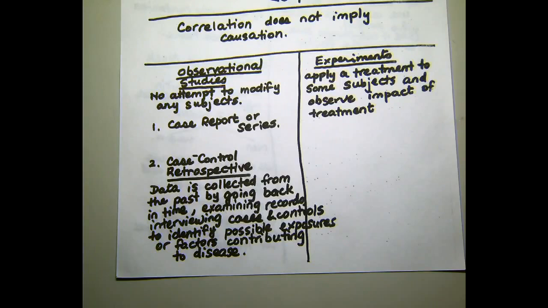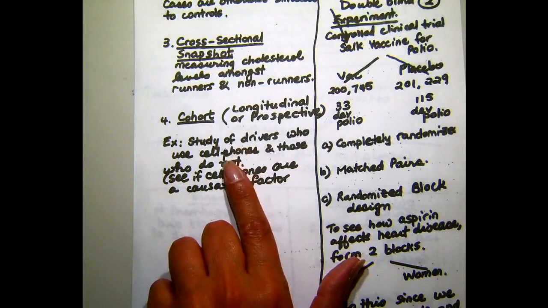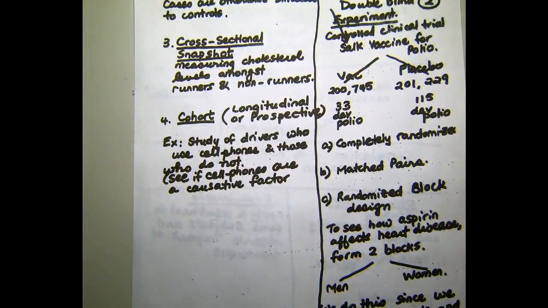How about a longitudinal study? What would that be? A cohort study would be a longitudinal study. How about following people who use cell phones and people who don't use cell phones to see if the people who use cell phones have a higher incidence of brain damage?